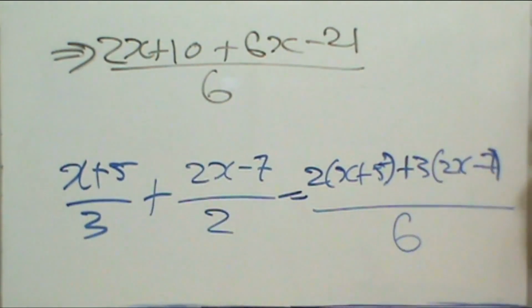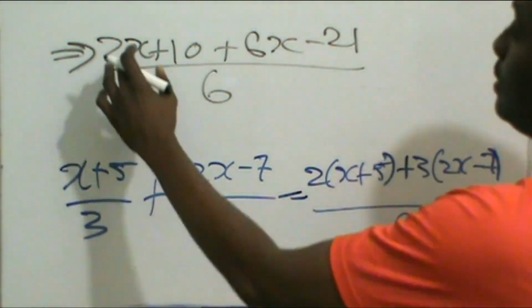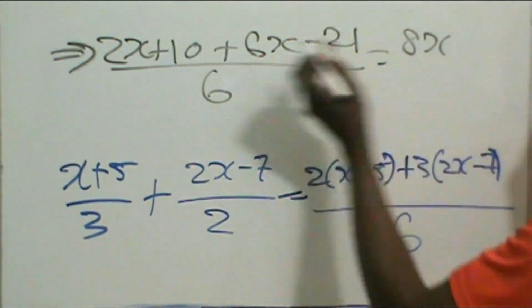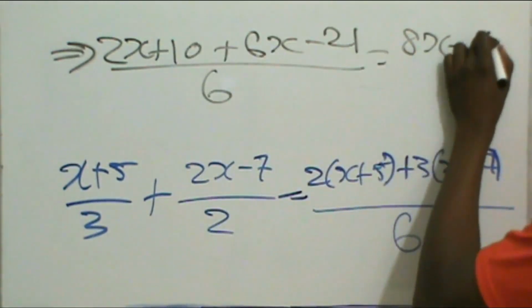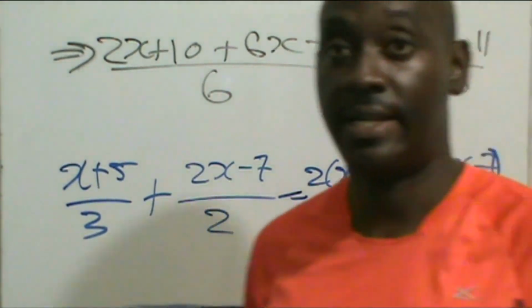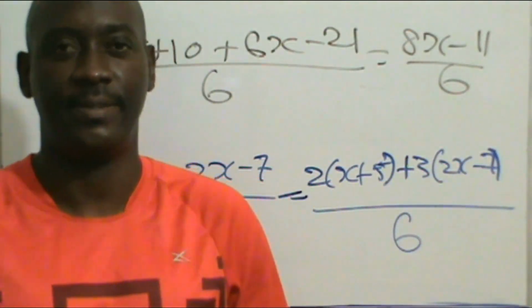So in the interest of space, I will just say it out. 2x plus 6x is equal to 8x. 10 minus 21 is minus 11, all over 6. And that is the end of that particular discussion.